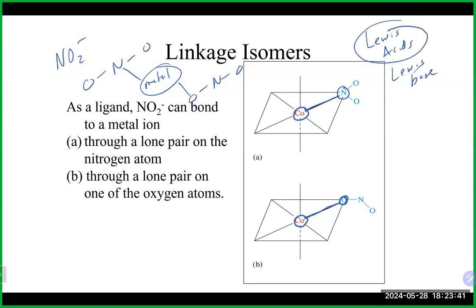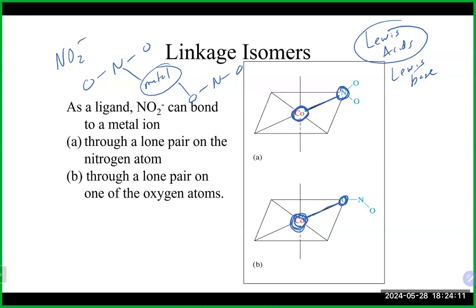Lewis acid being something that's electron deficient, will accept electrons, and those are typically our transition metals here with the positive charge. They are electron deficient, right? Otherwise, they wouldn't be positively charged. And that makes them really good acceptors of those electrons. And obviously, our Lewis bases are our ligands here that have those unpaired electrons, things that are negative, things that are polar, and have those unpaired electrons are really good donators of electron pairs.